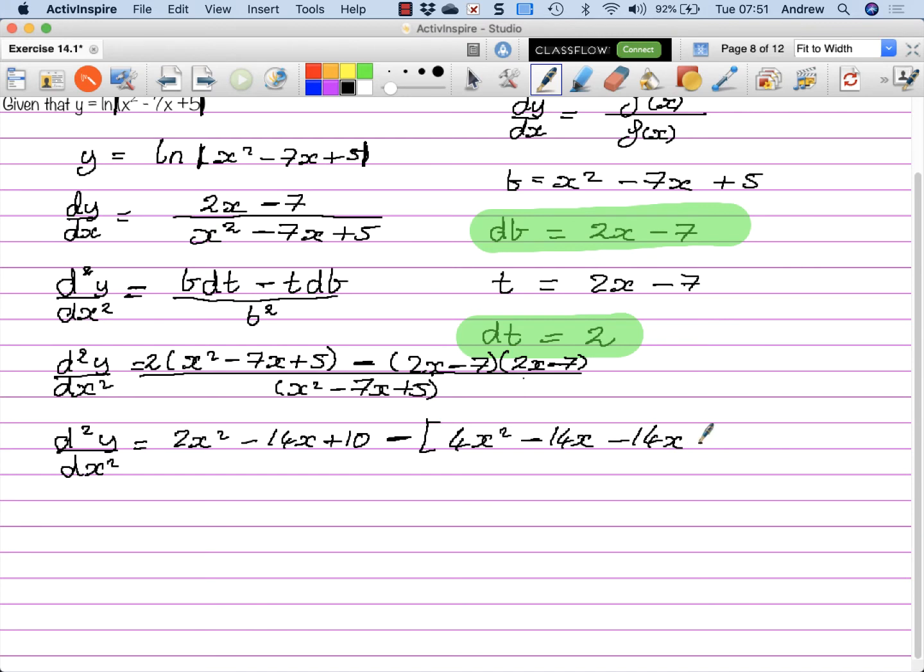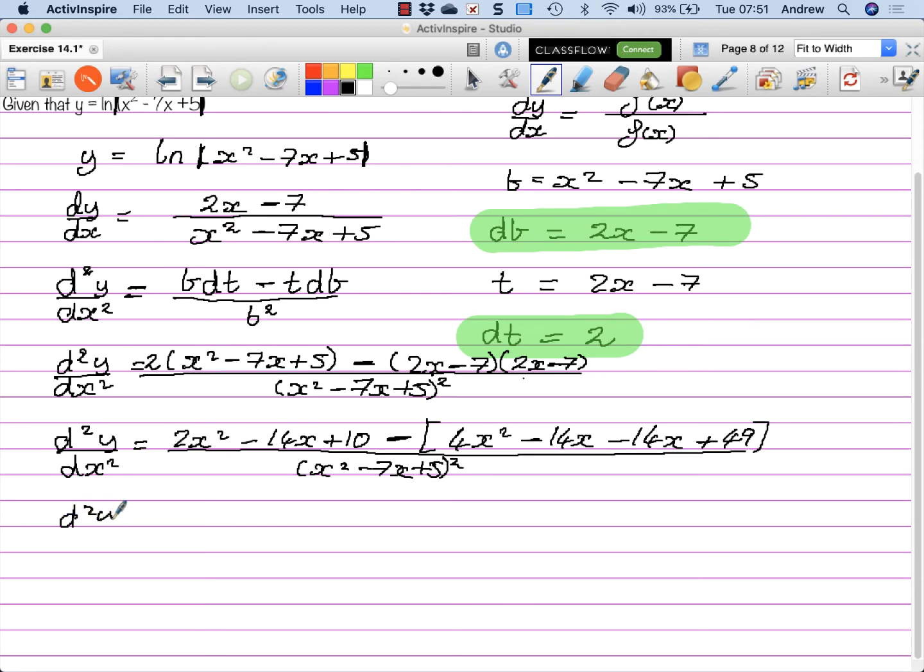Minus 7 on minus 7, plus 49. All over the bottom squared. So the bottom is x squared minus 7x plus 5, and put the square in.